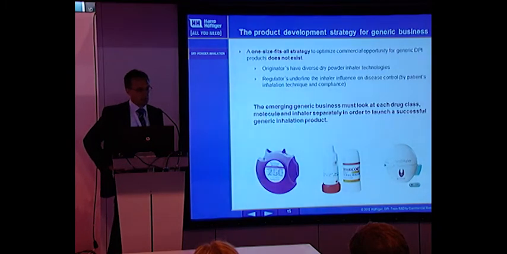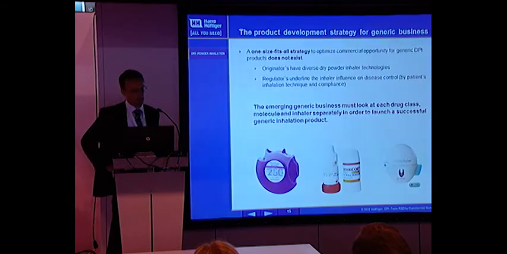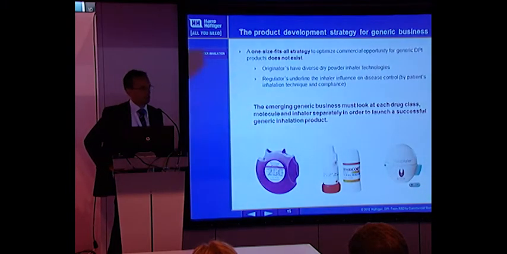Now, looking at the 3 inhalers on the bottom, they make around 60 to 70% of the dry powder inhaler market, but they are all completely different. You have Seretide using blister strip technology, and you have Symbicort using a reservoir technology, and you have Spiriva using a capsule technology. Now, the originators have a diverse dry powder inhaler technology.